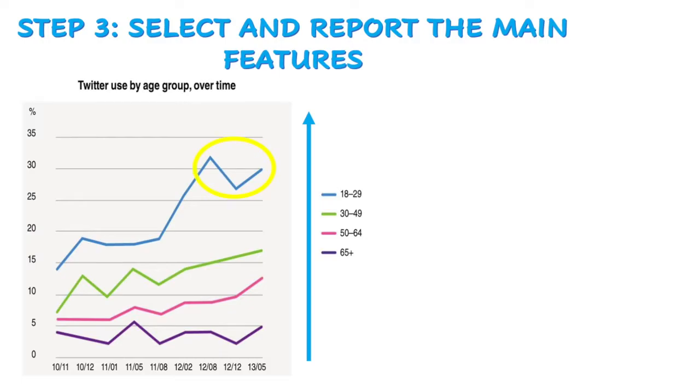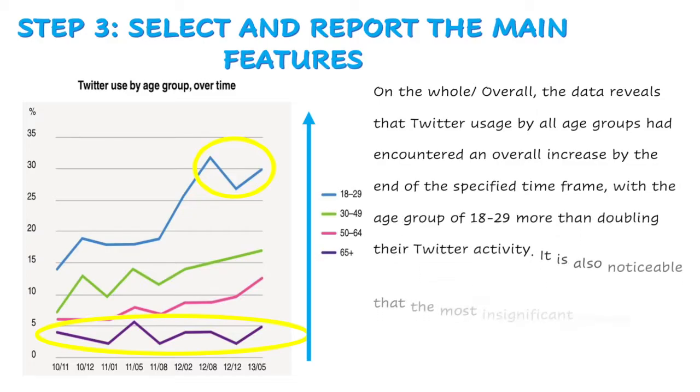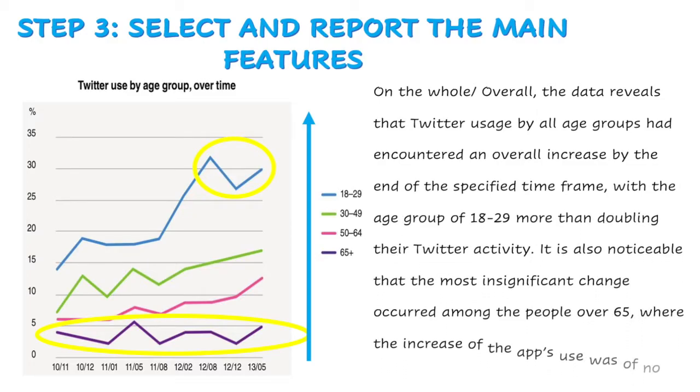And I'm also going to identify the most significant, the most obvious, the main features of the visual data. In this case, the highest and the lowest. And all I have to do now is to actually write my sentences describing this, the upward trend and the highest and the lowest points on it.